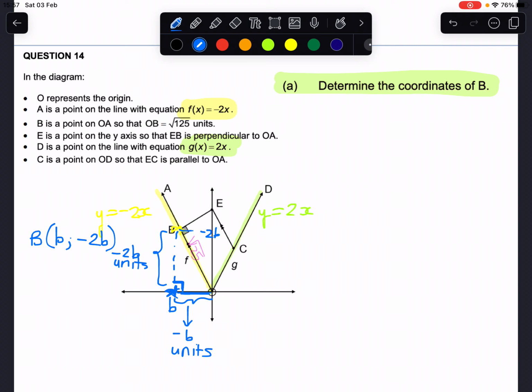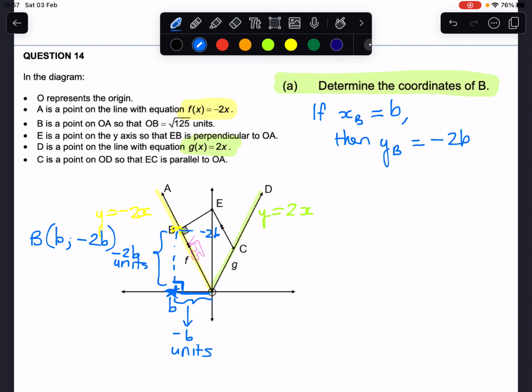Anyway, so let's write down all of this as a good coherent answer. So let's just start by saying we know that if the x coordinate of B is b, then the y coordinate of B will be negative 2b.